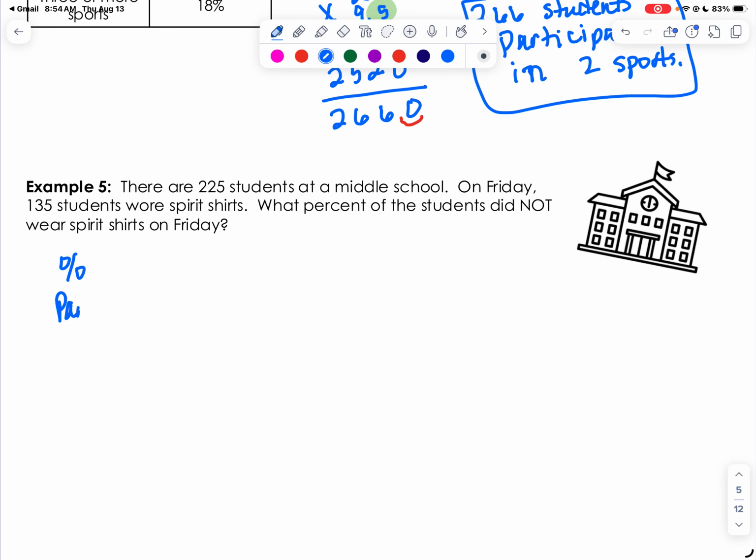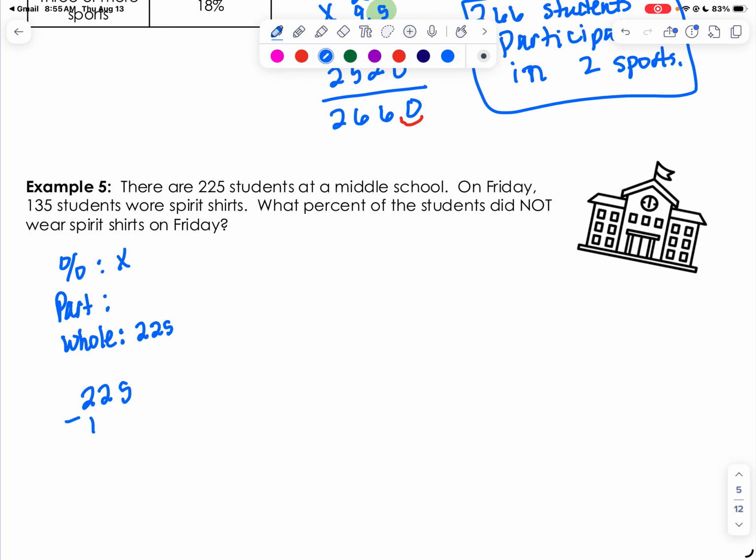Percent, part, whole. We know the whole was 225. We do not know the percent, but on the part, you have to be very careful because they're asking for what percentage of the students did not wear spirit shirts. So we need to know how many did not wear their spirit shirt.